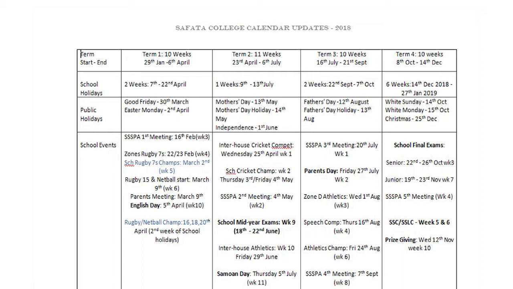Not only the zone athletics, but also the champ of champs. And likewise the rugby and other sports. So all those events should be inside the school calendar, and the dates should be given, so that your annual plan and your term plan can be based on that. So that's the example of the school calendar.